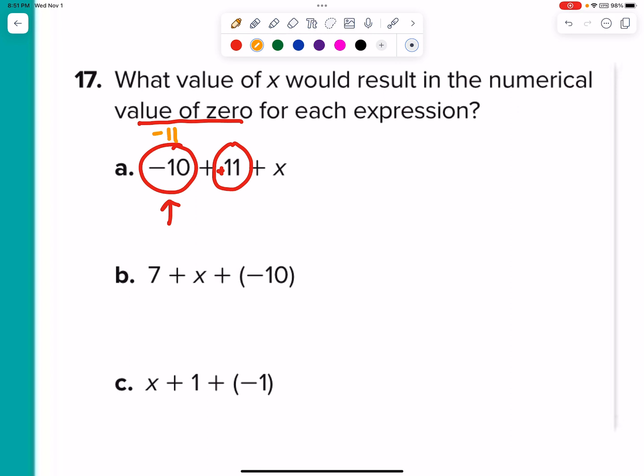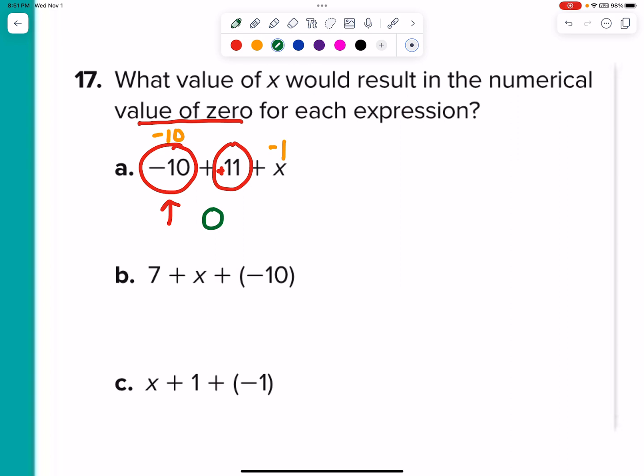So what would I need x to be so that I actually have negative 11? Well, I need that to be a negative 1, because negative 1 plus a negative 10 is going to create my negative 11. So I have negative 10 and negative 1. That's my negative 11. And so now I have a negative 11 and a positive 11, and I know that equals 0.